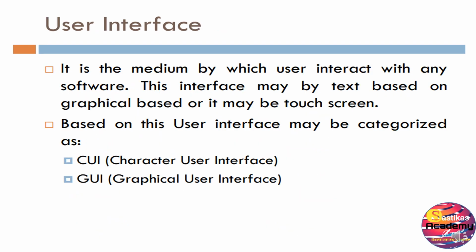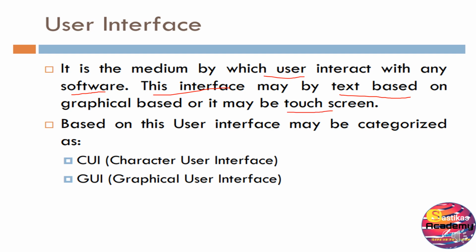What is user interface? It is a medium by which the user interacts with any software. This is the interface. It's a mediator. This interface may be text based, graphical based, or it may be a touch screen.